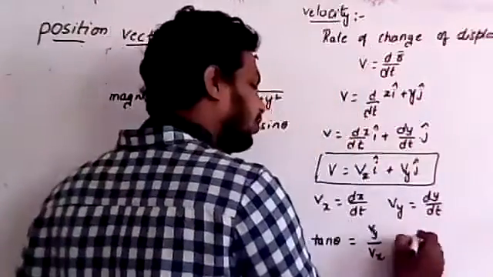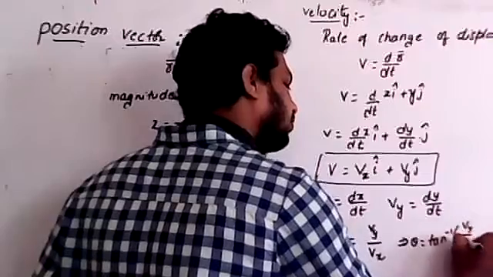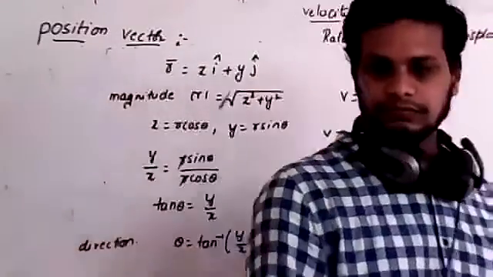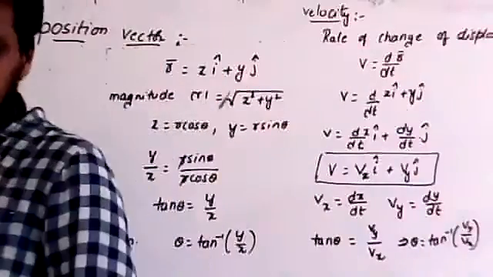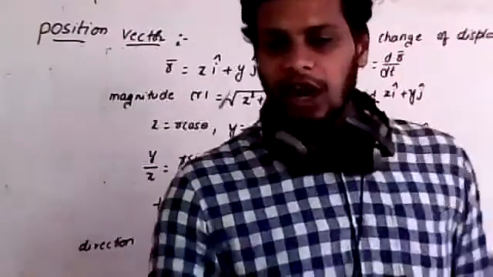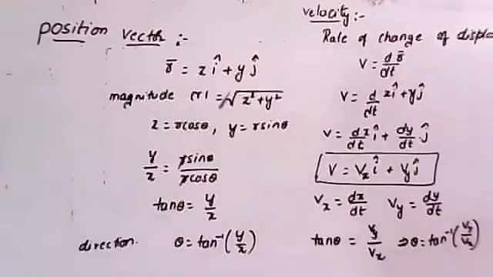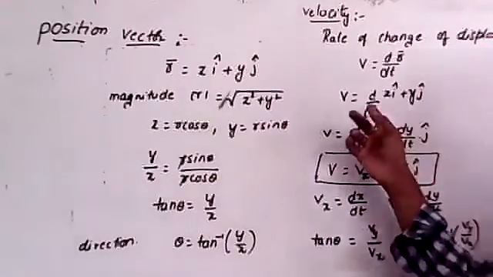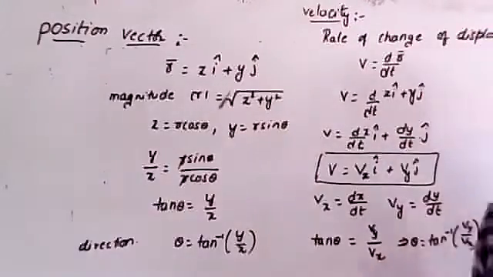So this is about velocity. Now remember, if they ask velocity in the vector form, you have to do the derivation like this. Now tell me, if you take three-dimensional velocity, how will this be?